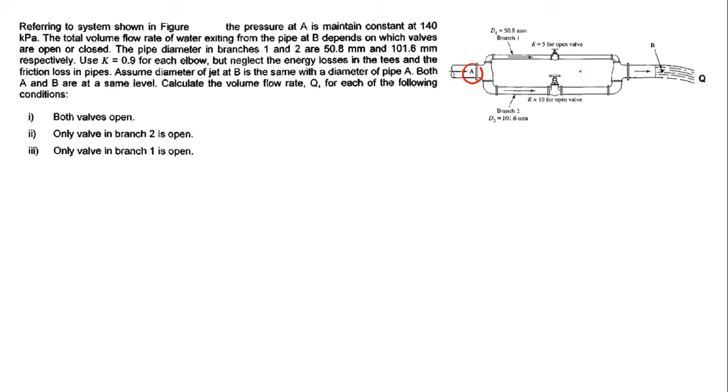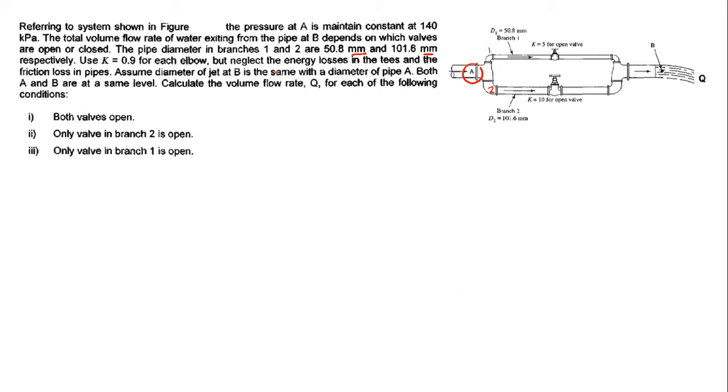The pipe diameter in branch 1 and branch 2 are 50.8 millimeter and 101.6 millimeter respectively. So branch 2 is bigger than branch 1.